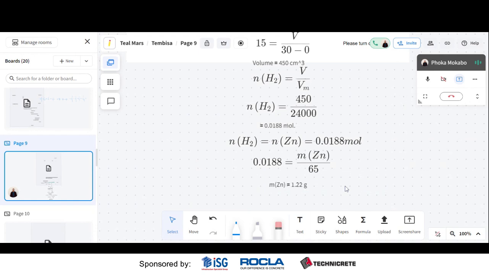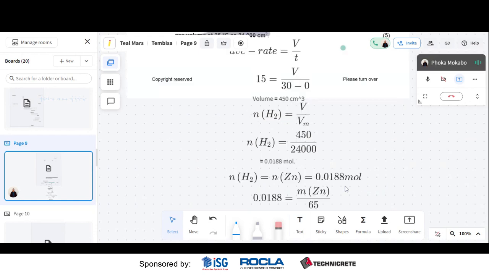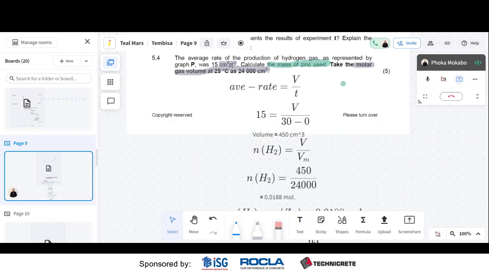And that would have been the working out required in order to answer this question. So to reiterate, we started off with the average rate that was given to us to be 15 centimeters cubed per second.